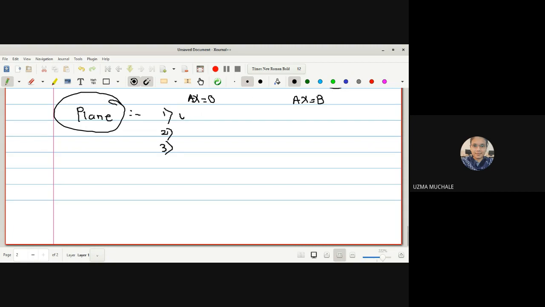So what do we have in the homogeneous? We have a unique solution, or we have no solution, or we have zero solution. And what is there in our non-homogeneous part? We have either infinitely many solutions or no solution, or what is the next point?